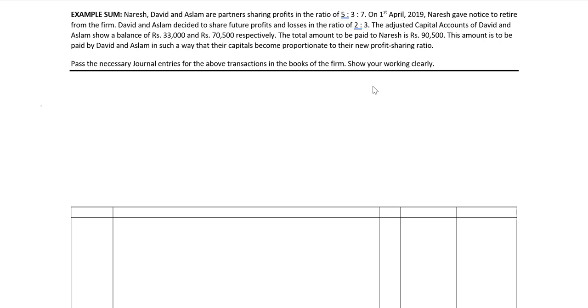So this statement that the amount due to Naresh, the retiring partner, is to be paid by David and Aslam in a way that their capitals become proportionate to their new profit sharing ratio, shows that this is the fourth method of adjustment of capital at the time of retirement of partner. So let's begin with the working notes for the steps involved.